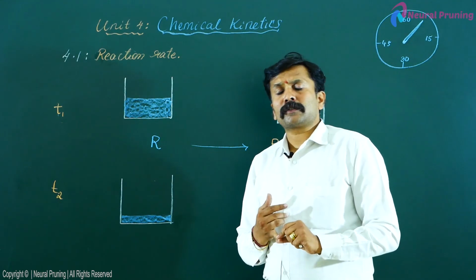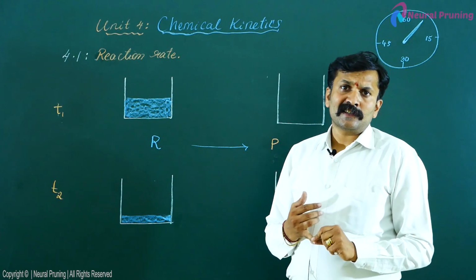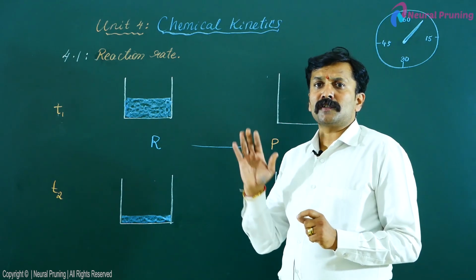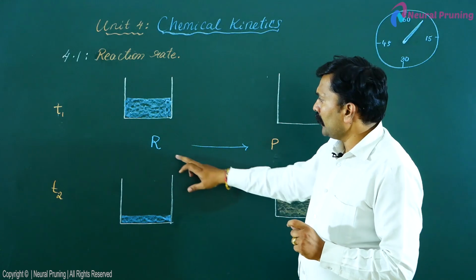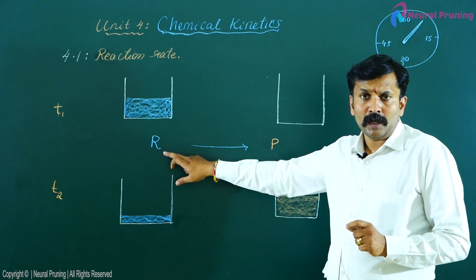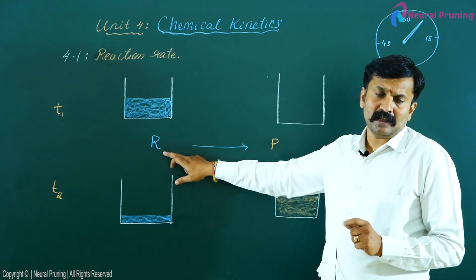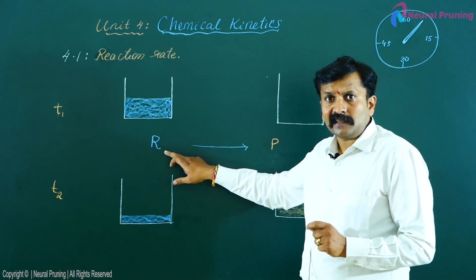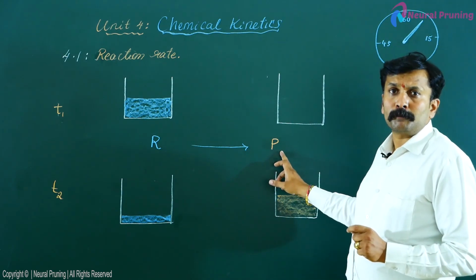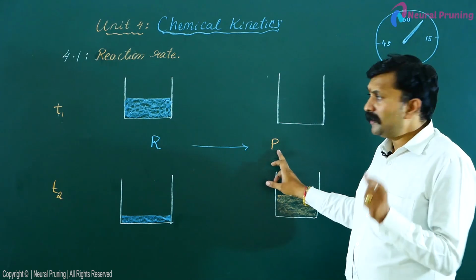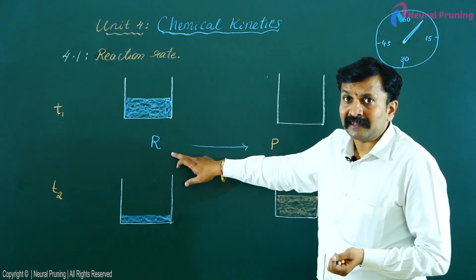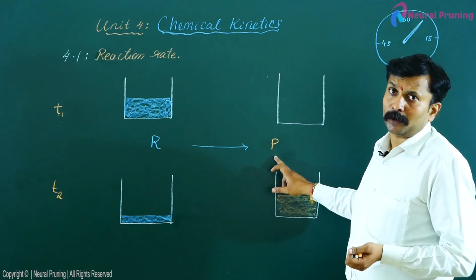Generally we write chemical reactions with the left hand side as reactants, as I have shown here on the board as R for reactants. Reactants will undergo reaction to form products. So this is the basic term which you have to remember. So R for what, children? Reactants. P for what? Products.